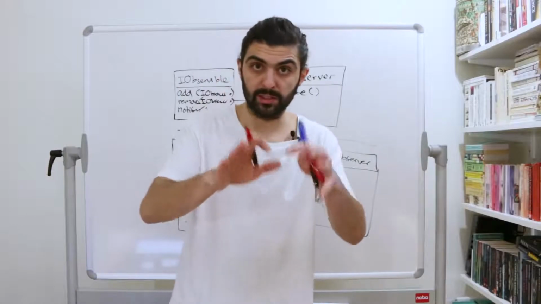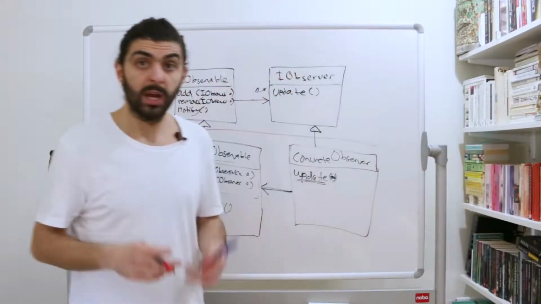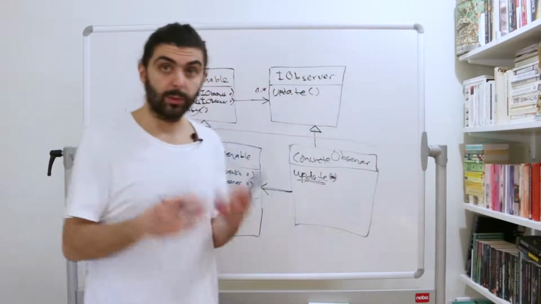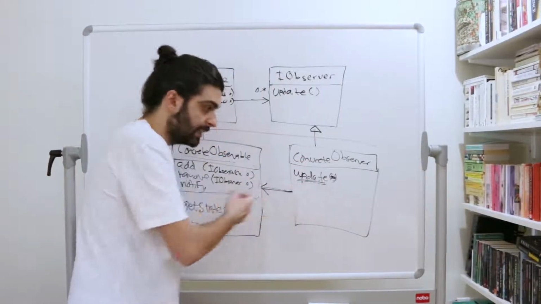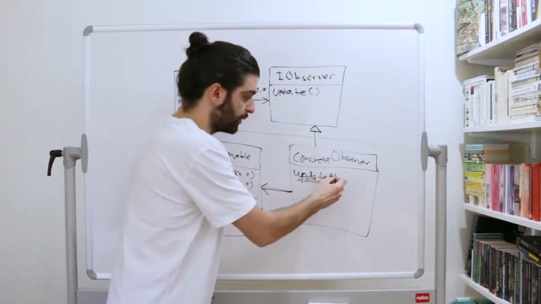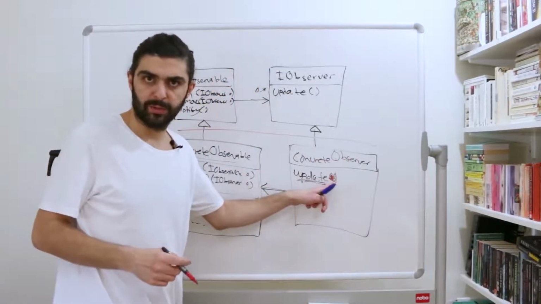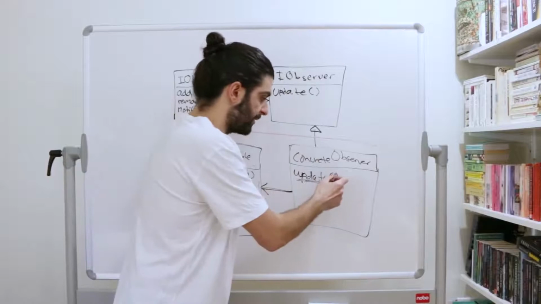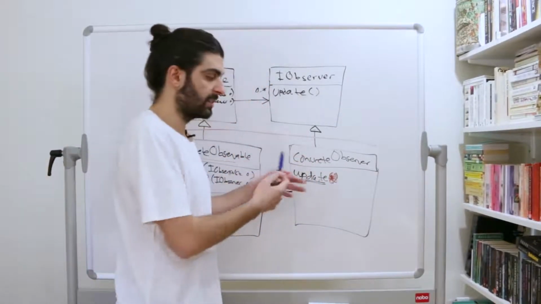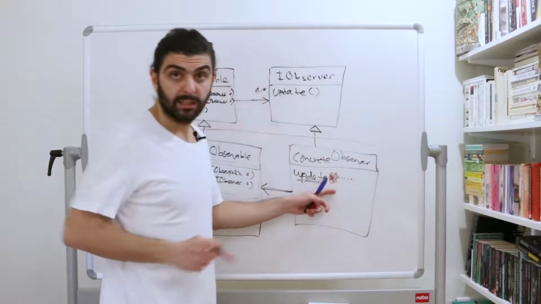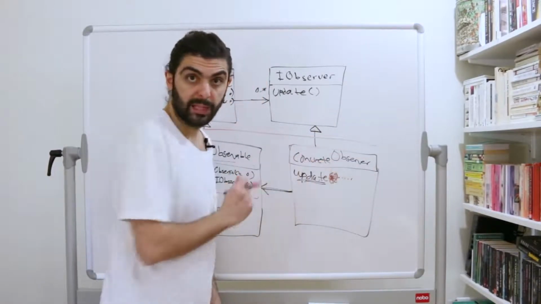Let me know if you want us to discuss this, and we'll dig into that in a different video. But there are variations where instead of forcing the clients to pull data, you push data through the update method. We touched upon this before, right? Instead of just having an update method that doesn't take any arguments, you send the message update with some data that the observer should be interested in.